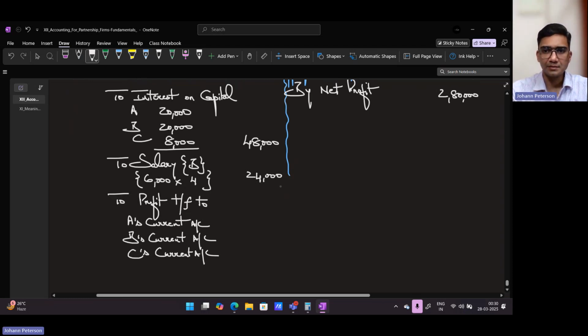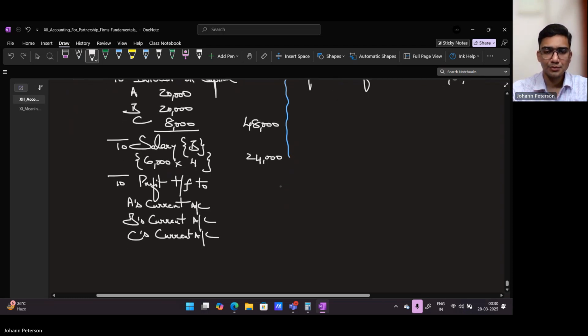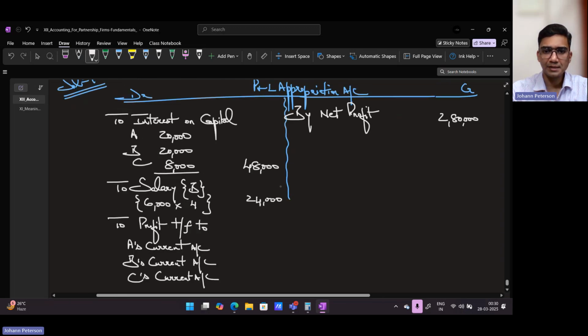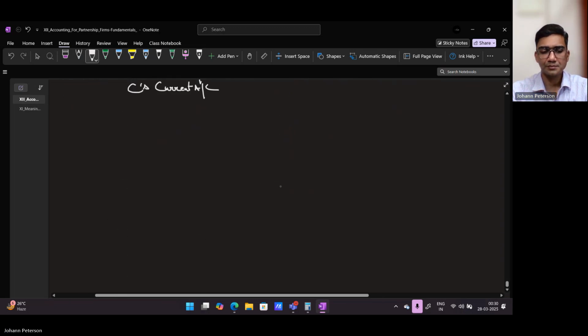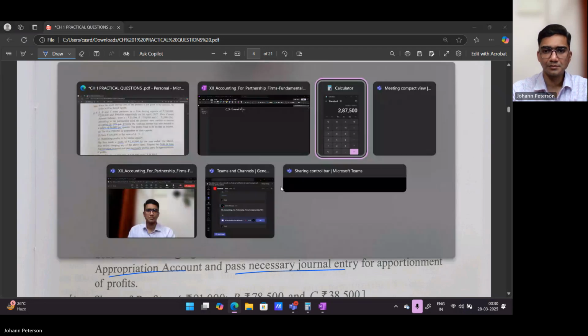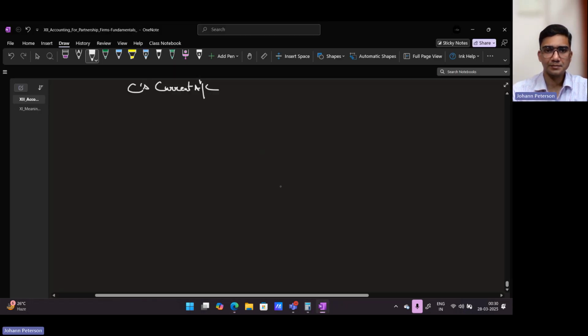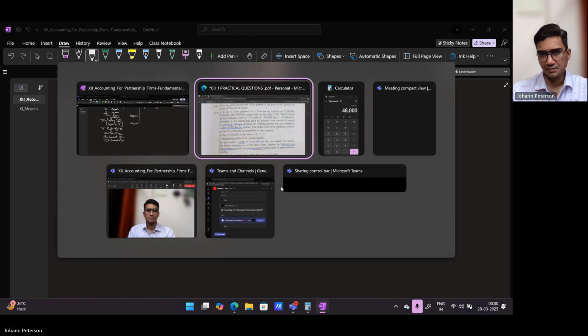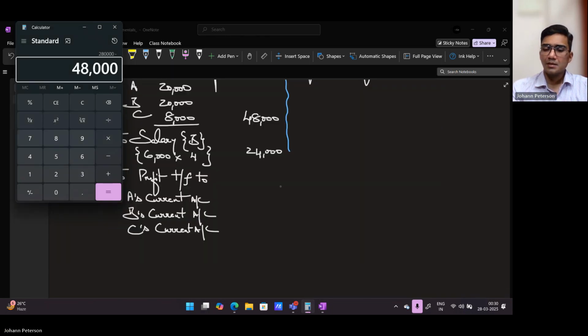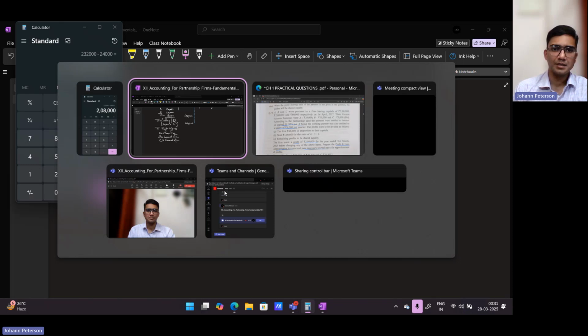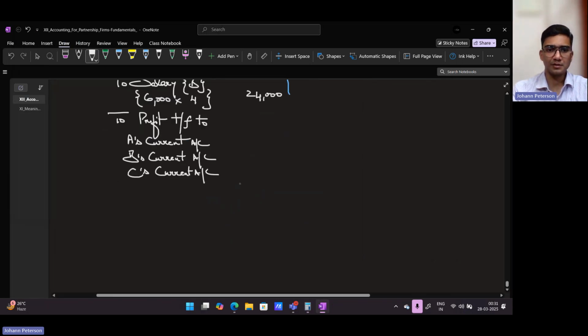Now, how much is the balancing figure? We need to know that. So 280 minus 48 minus 24 makes it 2.8. So 2 lakh 8 is my total profit.